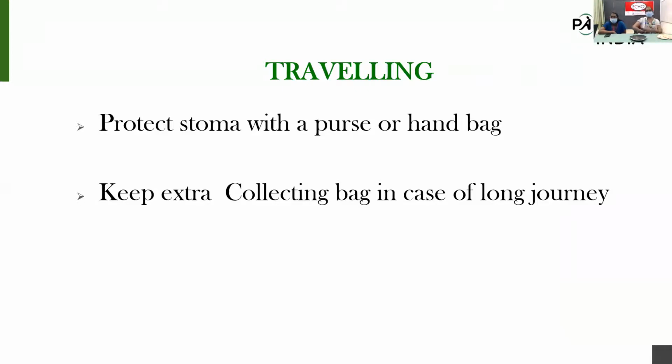They can keep the hand like this, so that if the bus is very crowded, or if there is any hitting, they can always protect their stoma. While traveling, tell the patient to keep an extra collecting bag in case of a long journey.